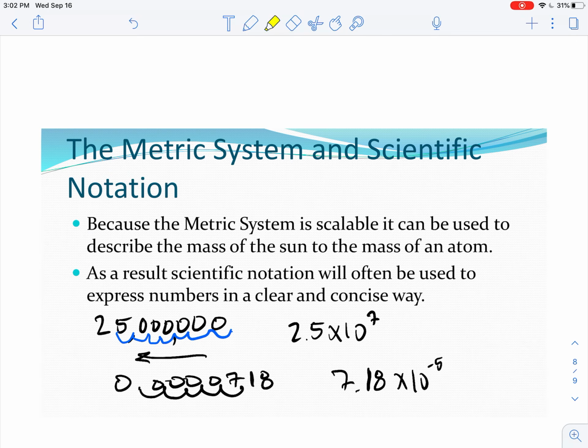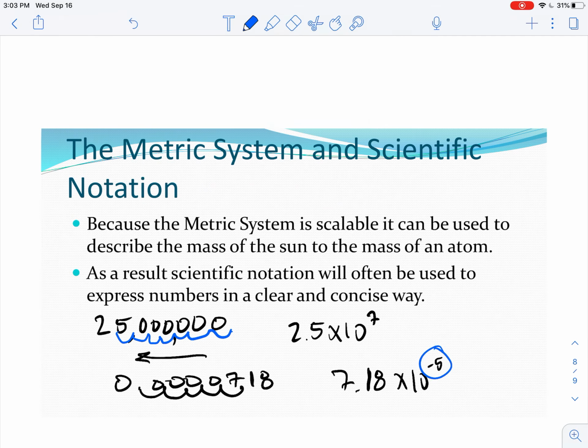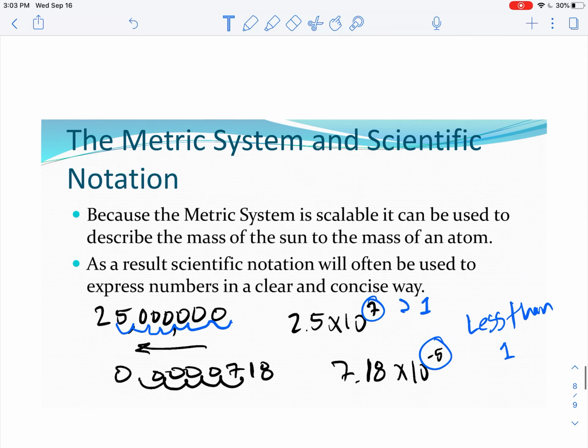A negative exponent indicates that the number is less than 1, and a positive exponent means the number is greater than 1. And that's how you use scientific notation. Again, we don't need to focus too much on it.